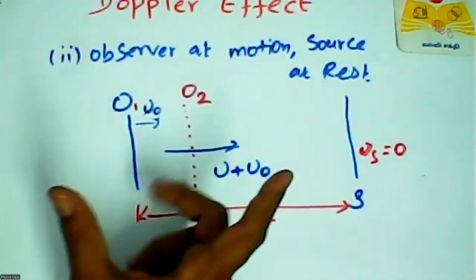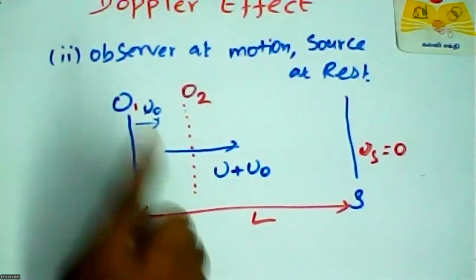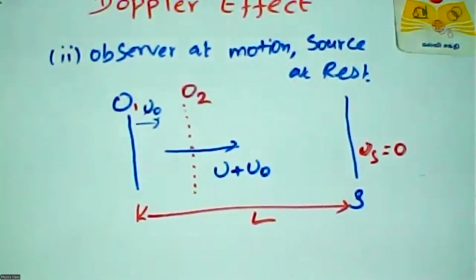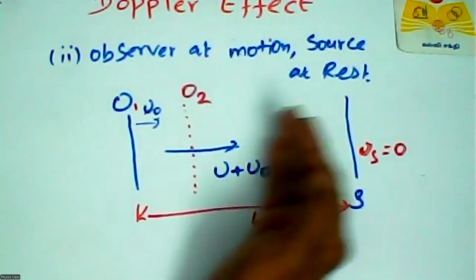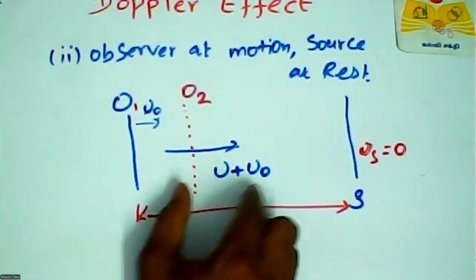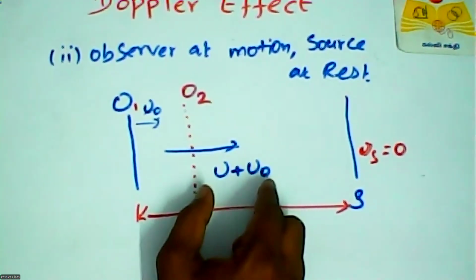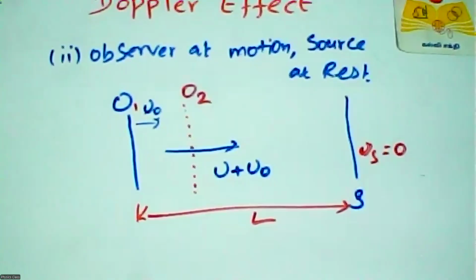Whenever velocities are in opposite directions, we have to add. You may have already studied this in 11th class: relative velocity between two objects, like car A and car B moving parallel or in opposite directions. By this relative velocity equation, we have to add V plus V naught in this direction.